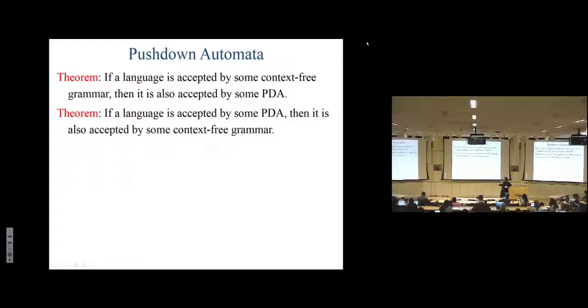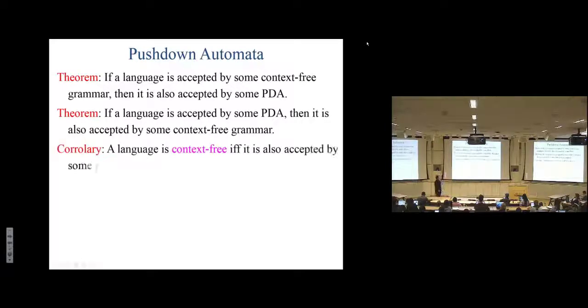So know that if you have a pushdown automaton, there's some context-free grammar that accepts its language, and vice versa. If there's some context-free grammar, there must also exist some pushdown automaton that accepts the language that the context-free grammar generates. It's a complete characterization. One set denotes the exact same objects as the other set denotes, namely the context-free languages.